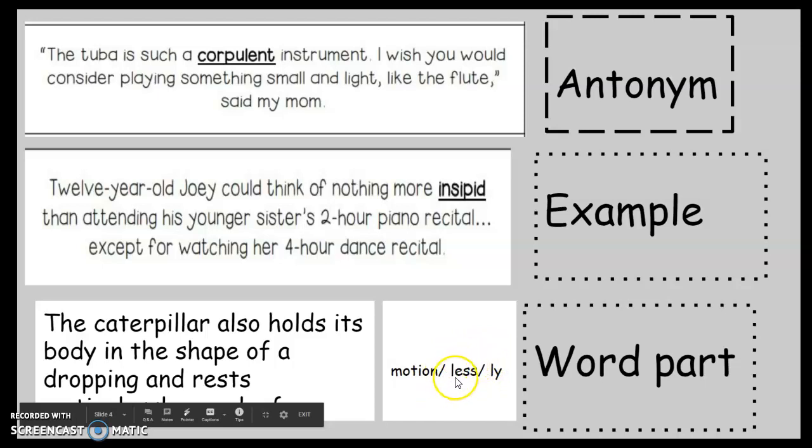If I know the suffix less, I know that less means without. So motionlessly must mean without motion. So here are some strategies to use when you are needing some help to identify the meaning of tricky words.